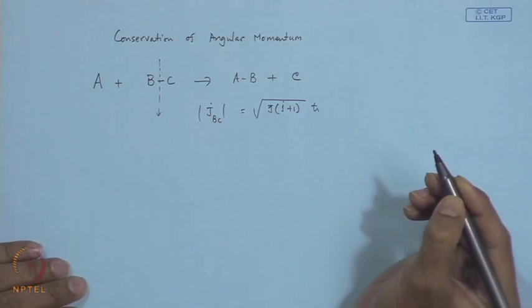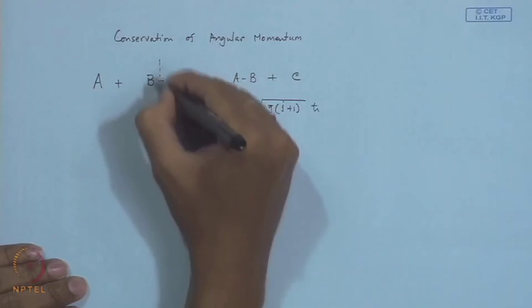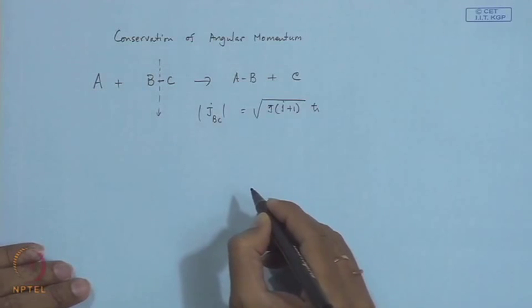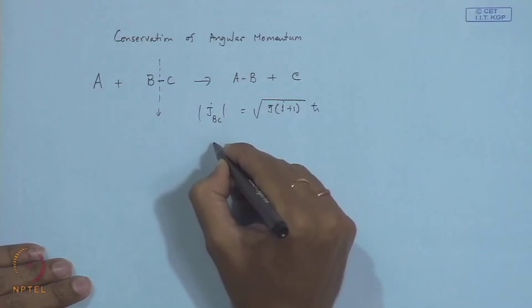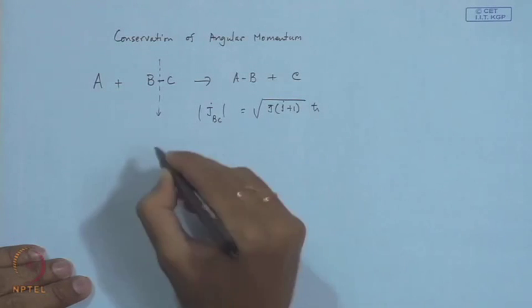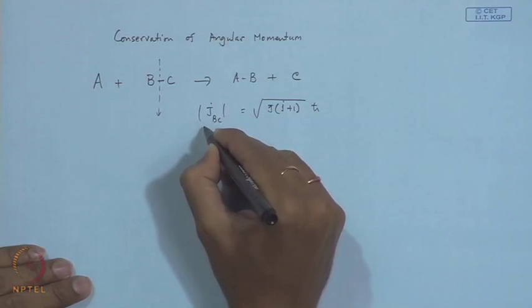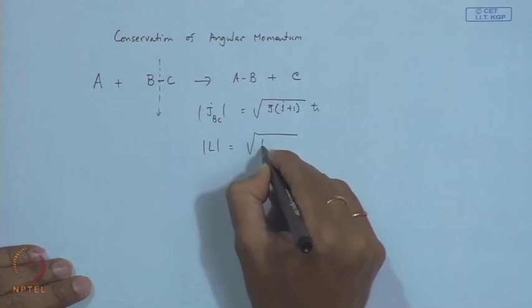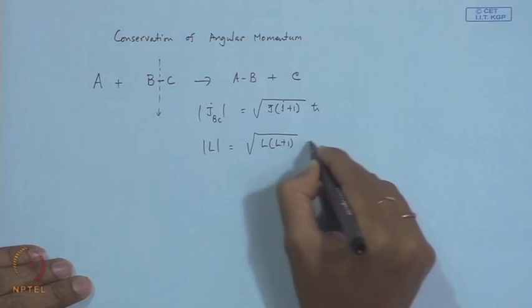In the same way, the orbital angular momentum L will be given by root over L into L plus 1 in h cross unit.